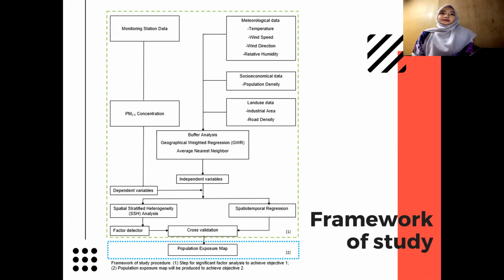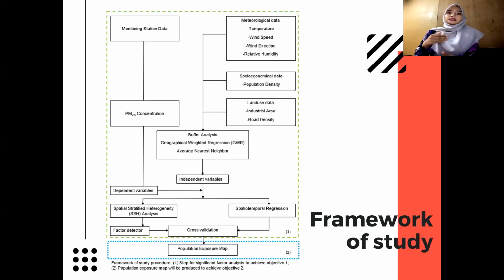We will get meteorological data from the Malaysia Meteorological Department. Socio-economic data we will acquire from the Department of Statistics, Malaysia. The land use data we get from the Department of Agriculture. The monitoring station data we get from the Department of Environment.